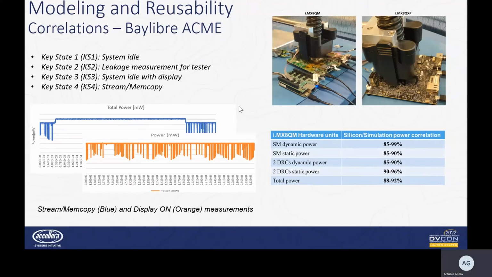We have extracted measurements for the same use cases as the ones executed in simulations, which were a memory copy and display refresh. The measurement resolution of the tools, and maybe all the tools on the market, is much lower than the simulation ones, and it is not possible to observe the detailed power profile.